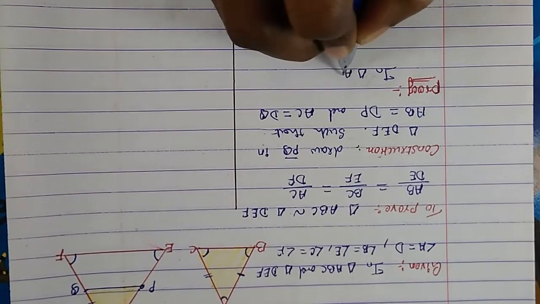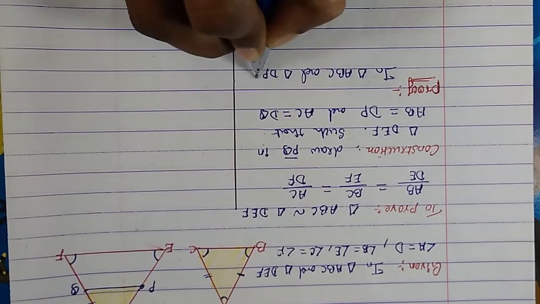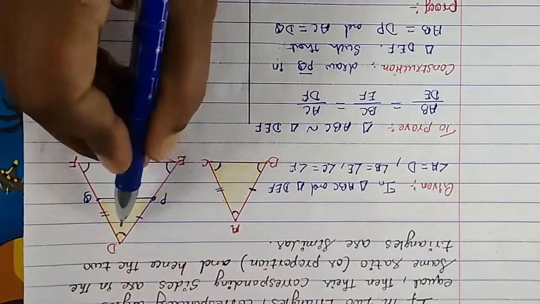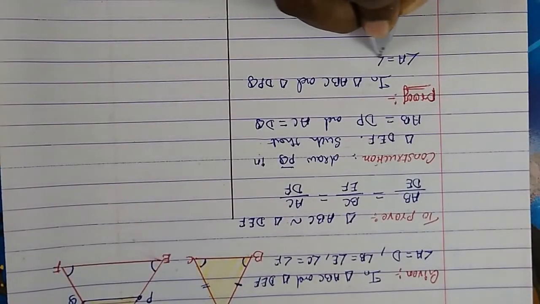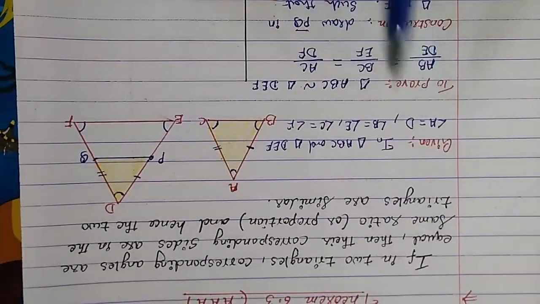In triangle ABC and triangle DPQ, what are the things we have? We have angle A is equal to angle D. How do we know? It is given to us.